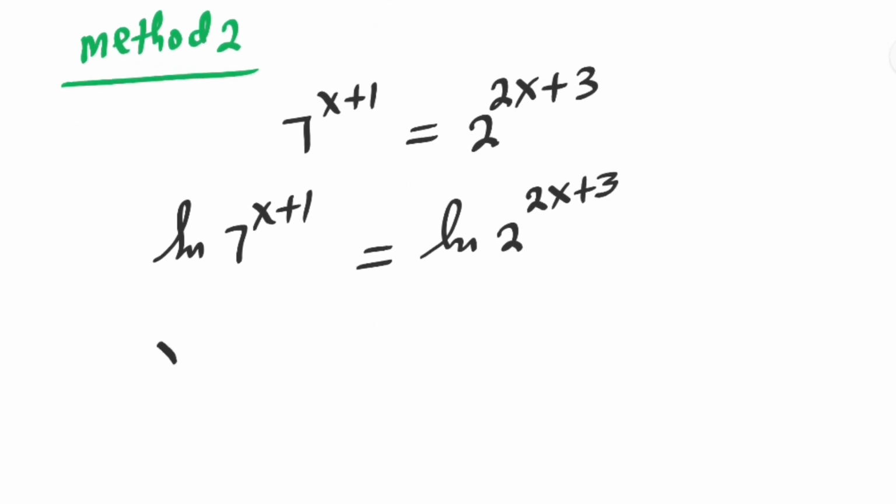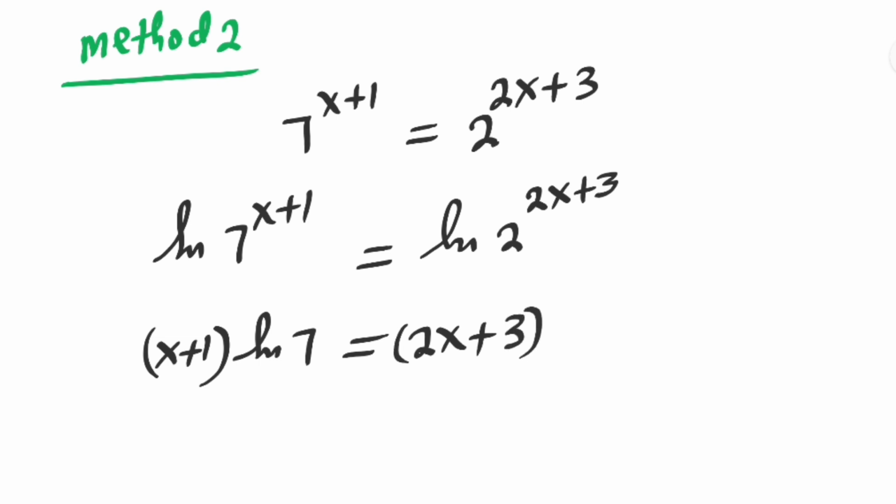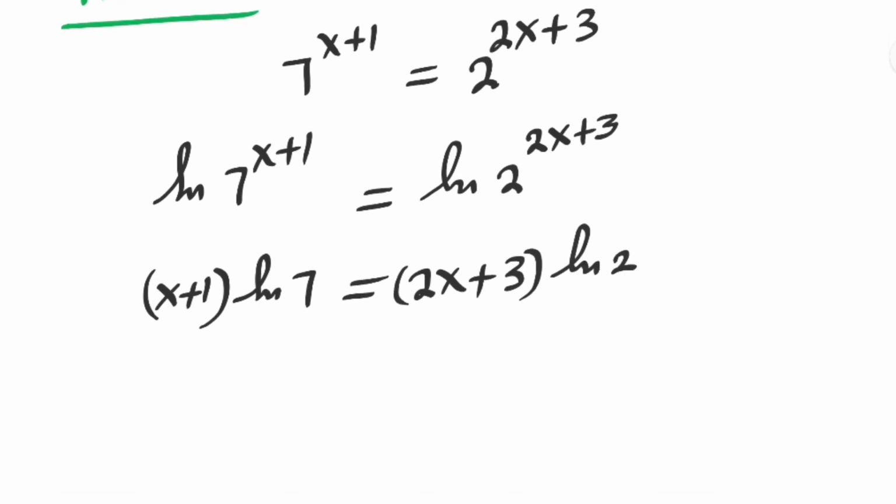And we have x plus 1 ln of 7 is equal to 2x plus 3 ln of 2.